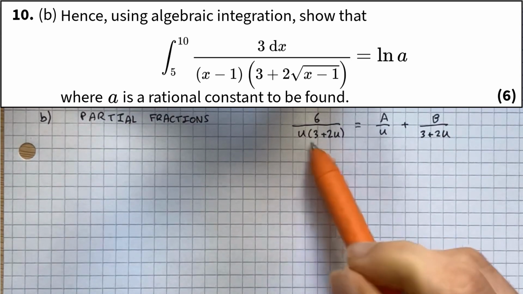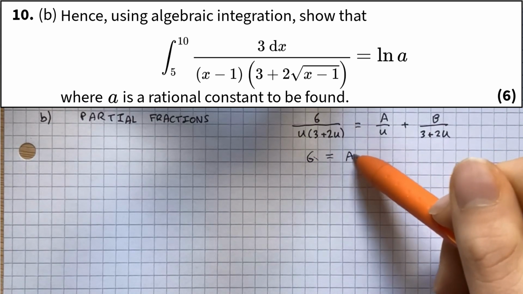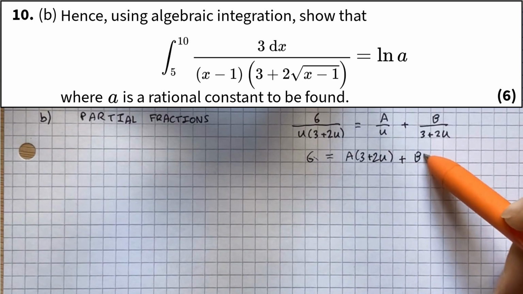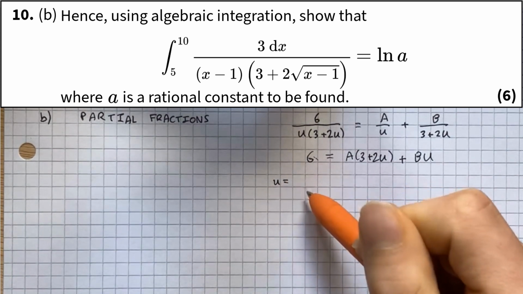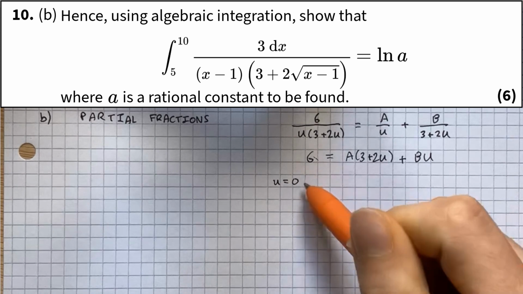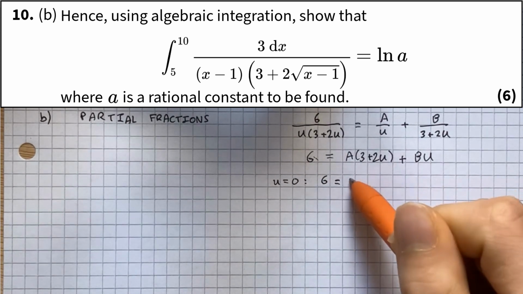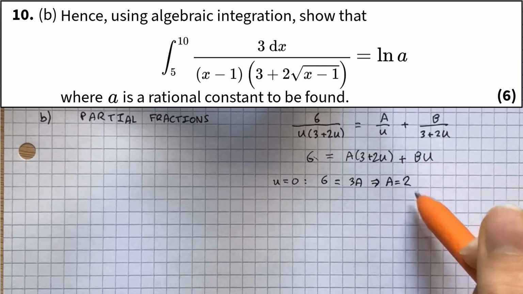And if we multiply both sides by the denominator here, we're going to get 6 is equal to a(3 plus 2u) plus b times u. And we can strategically think of values of u, which will give us a and b. For example, 0. If we sub in 0, we'll get 6 equals 3a, and therefore a will be equal to 2.